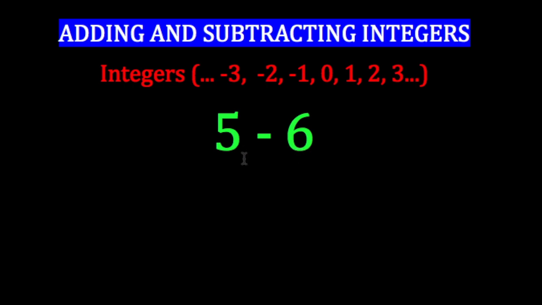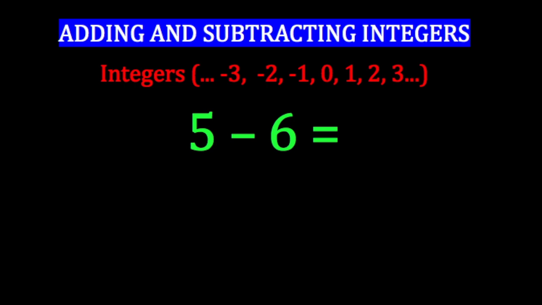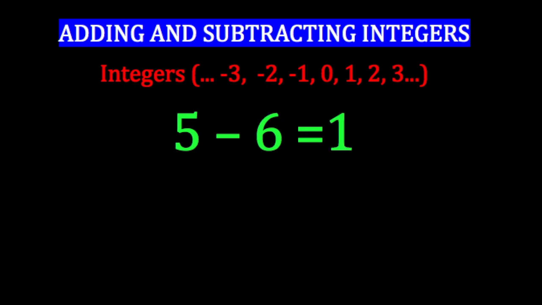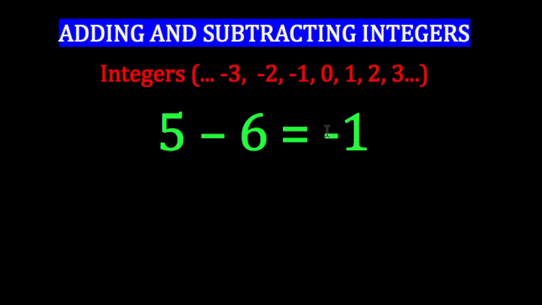So after you withdraw the 5 that you have in your bank account, you ended up withdrawing an extra $1 because you didn't have that money. It's gonna become negative, meaning that you owe the bank $1 now because you withdraw more than you have in your bank account.